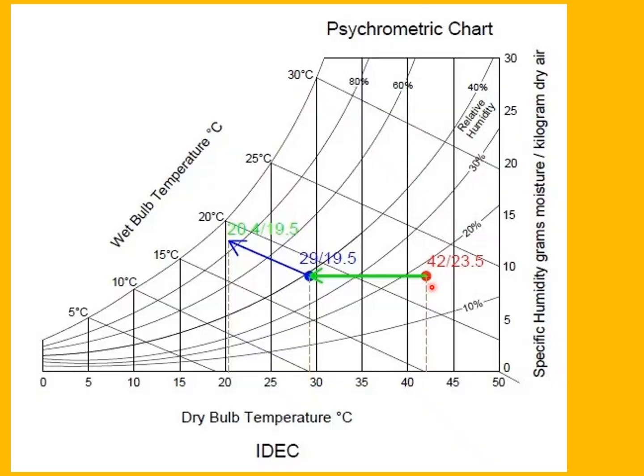Friends, this shows adiabatic cooling on the psychrometric chart in two stages. First, cooling from outside temperature to some intermediate point, and then adiabatic cooling to the final point.